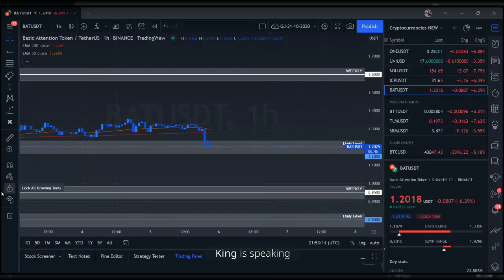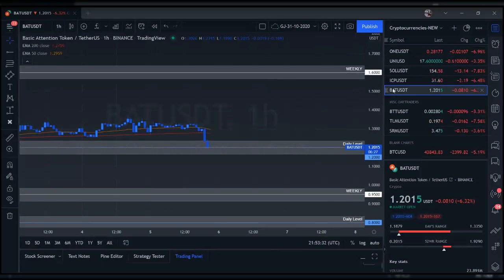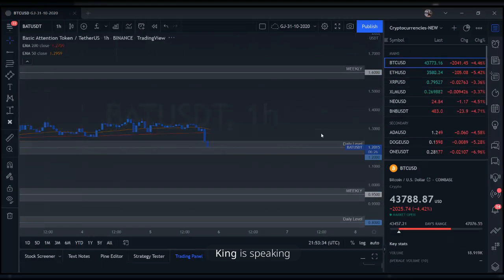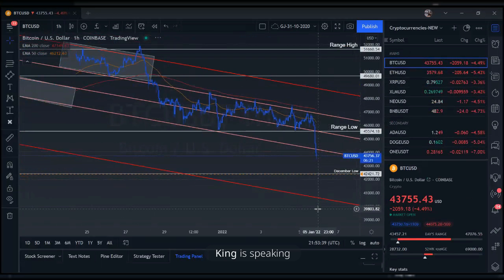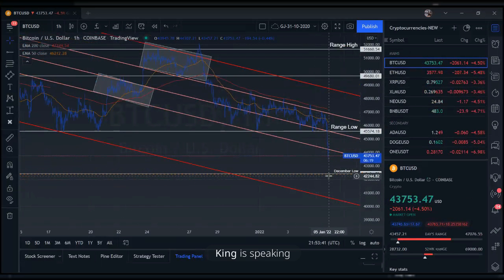Yeah, so 44,359, and I'm hoping this trade is going to be the trade to take me down to 40k. I've got a profit target at 42,500, which I think is the December low, or just above the December low. So I'm looking at 42,400. So yeah, that's what I'm looking for.